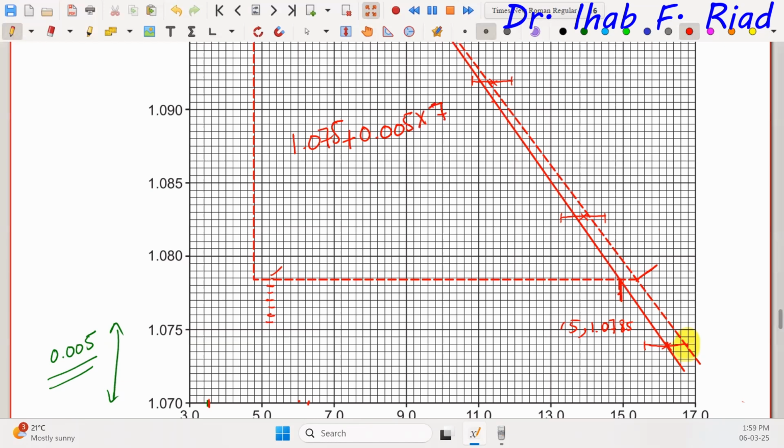Do it like this, Dean. 1.075 plus the scale, times 0.7, sorry.